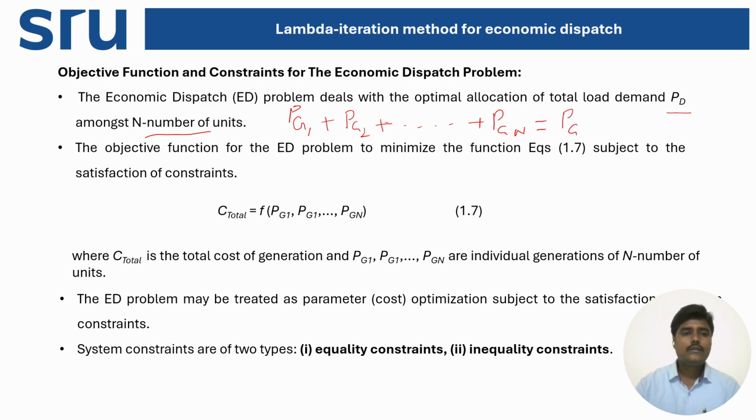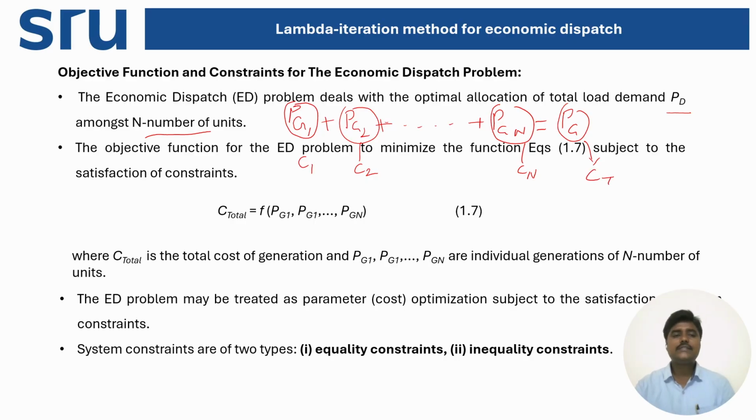The Pg1 will require its own cost, that can be expressed as C1. The Pg2 will require its own cost, maybe that is C2, and Pgn will require its own cost, maybe that is Cn, and the total power generation will require a total cost of generation, that is Ct.